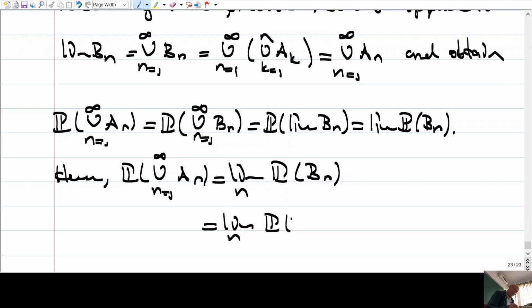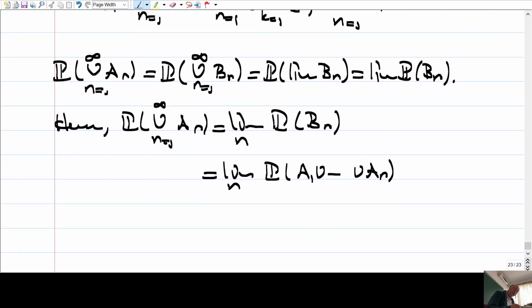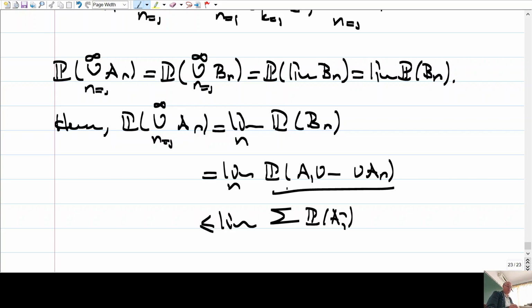Bn is what? Bn is just A1 union up to AN, right? And this thing is just less than or equal to the sum of PIs, right? Because if they were disjoint, then they would be the same.